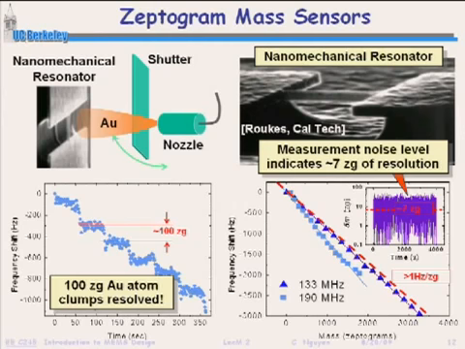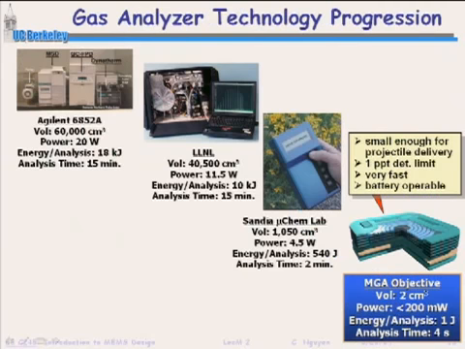This was one of the sensors being pursued here. And so in the end, just to sum everything up, this program went from this here, which is a tabletop gas chromatograph from Agilent. You can see the size of that. And recognizing that gas chromatography mass spectrometers are the gold standard.